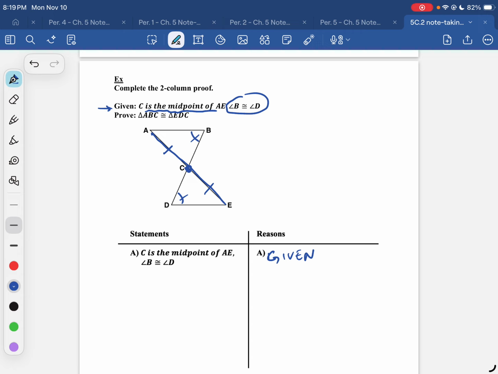So the given info doesn't specifically say that AC is congruent to CE, but I know that that's true, so I'm going to make that my second statement. AC is congruent to CE, and the reason I can say that is because they told me C is the midpoint, and I know what midpoint means. It means it's going to cut it into congruent parts, exactly in half. So what I used here is the definition of midpoint.